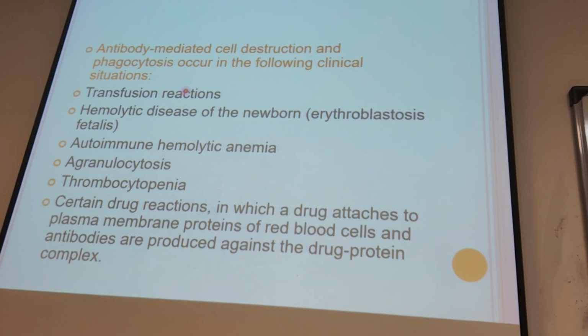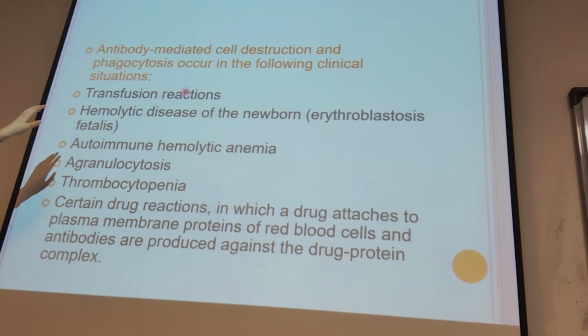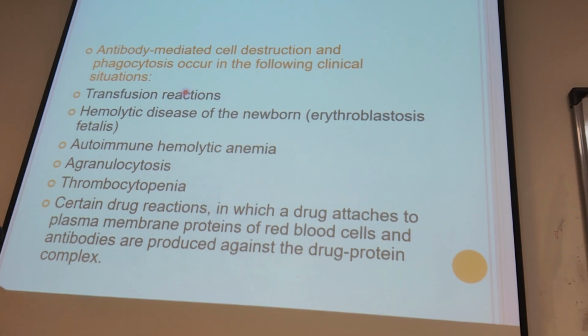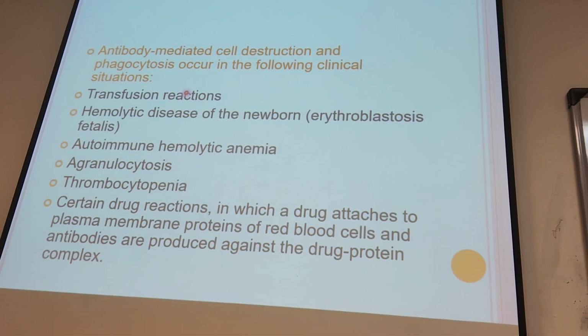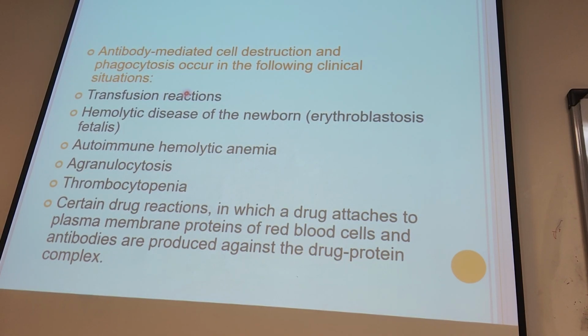And some examples of type 2 immune reaction are transfusion reactions, in which we have, for example, the wrong type of blood group given to a patient, and there are RBCs with antigens that our body reacts against by antibodies, and we have destruction of these RBCs, and we have transfusion hemolytic reaction.